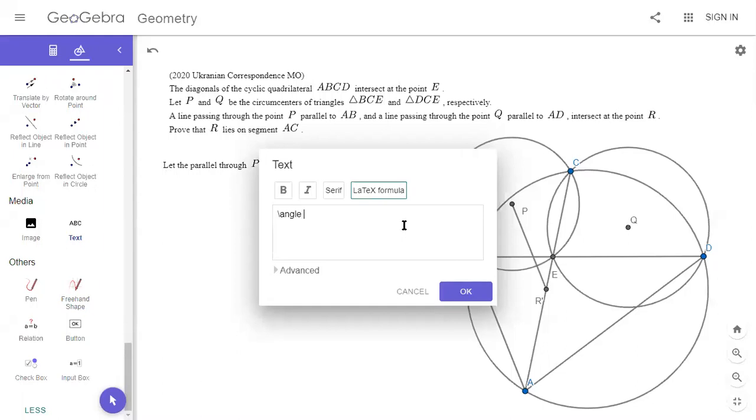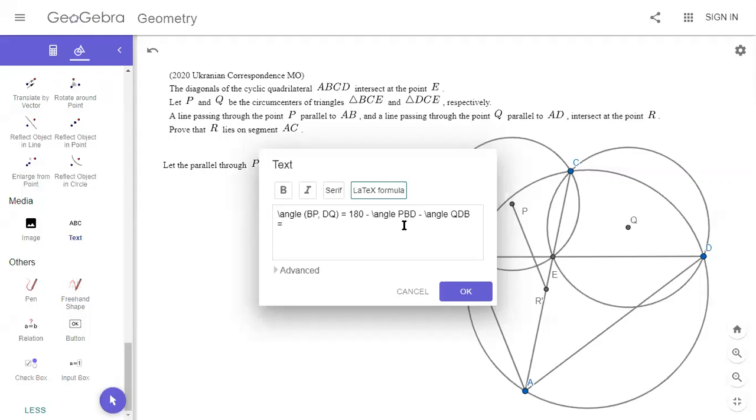So the angle between BP and DQ is 180 minus angle PBD minus angle QDB, which is equal to, let's think about how to rewrite this.